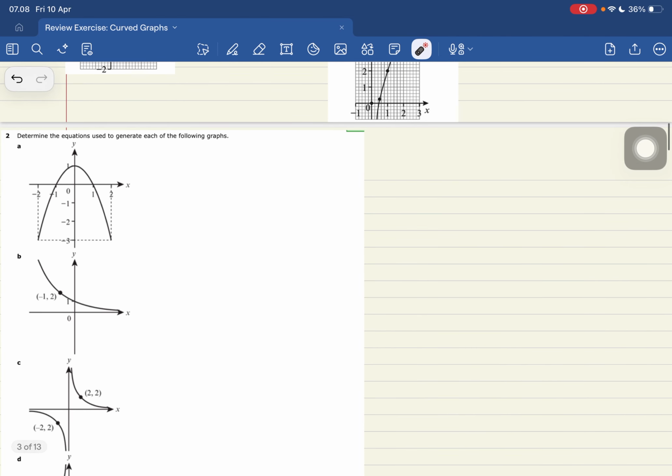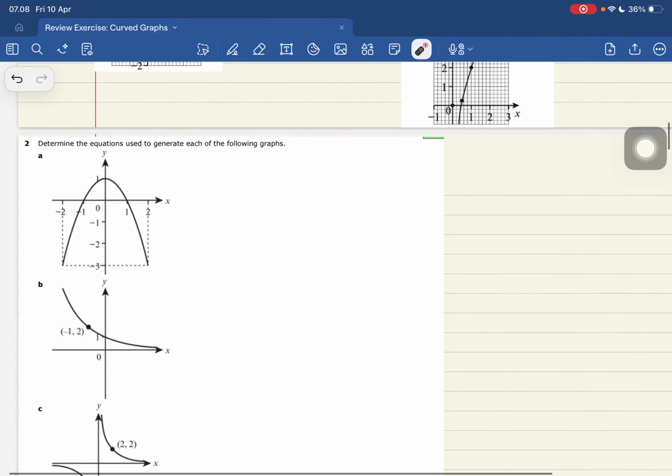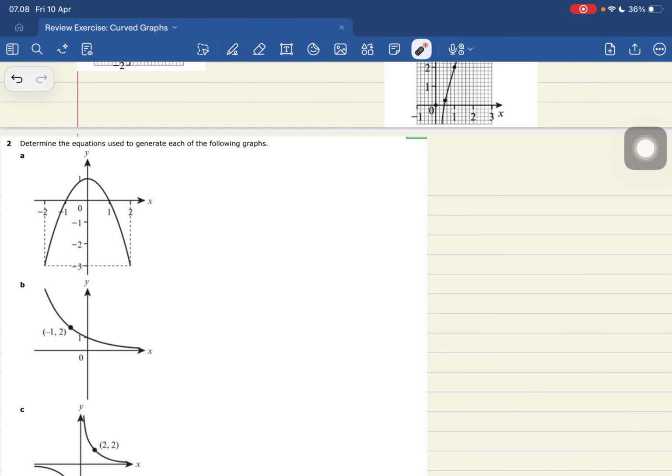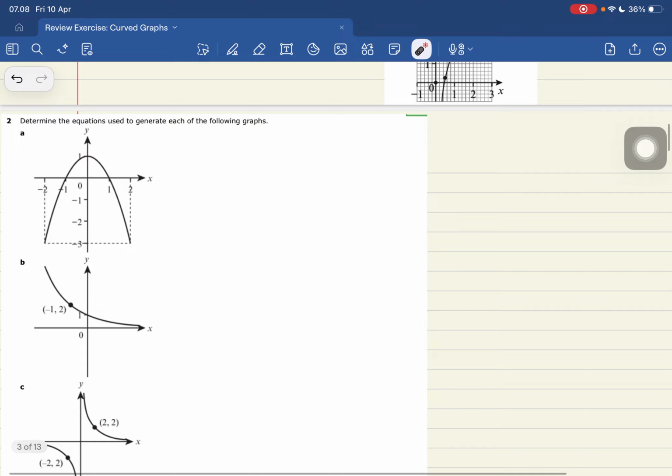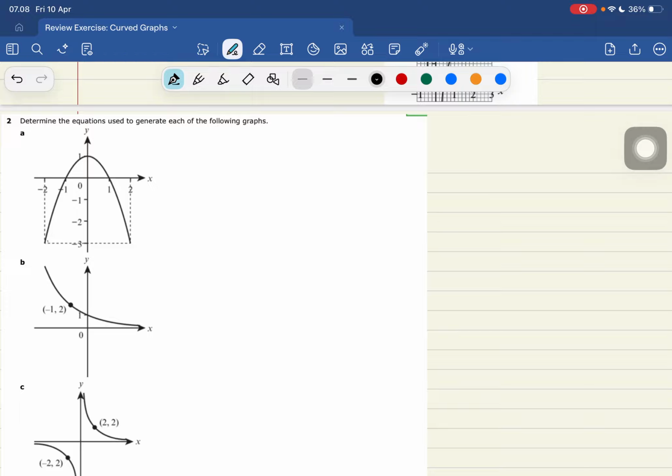Okay, number 2. We need to determine the equation for each of the following graphs. First, as this is negative, going down, it's going to be negative x squared.